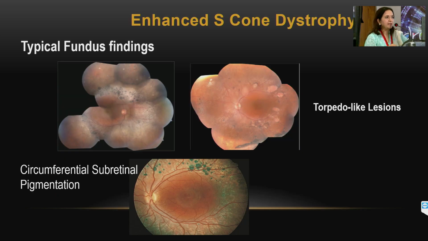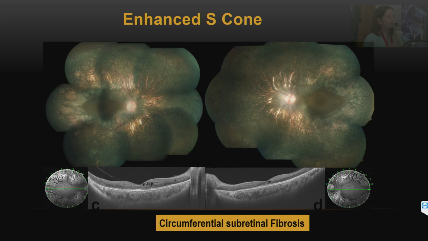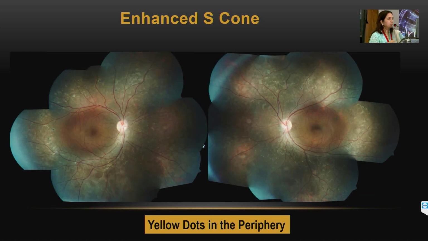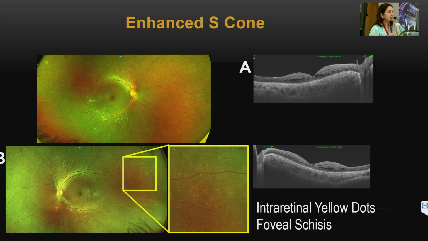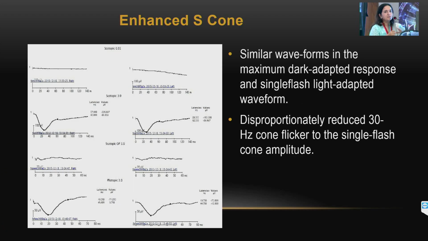Another example, enhanced S-cone dystrophy, with typical fundus features of either an annular ring of pigmentation, annular yellow spots or annular subretinal fibrosis. This is typical of enhanced S-cone, and if you do the ERG, enhanced S-cone means there is a total loss of cones.